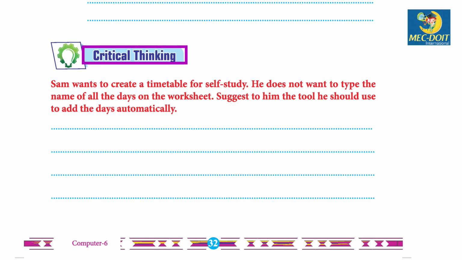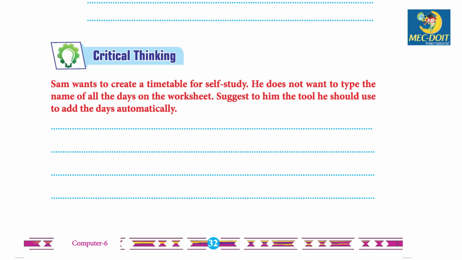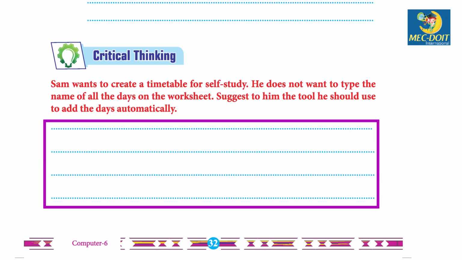Critical thinking. Sam wants to create a timetable for self-study. He does not want to type the names of all the days on the worksheet. Suggest to him the tool he should use to add the days automatically. Answer: the autofill feature automatically fills a series of data in your worksheet. Follow the given steps to create a list using the autofill feature. Step 1.